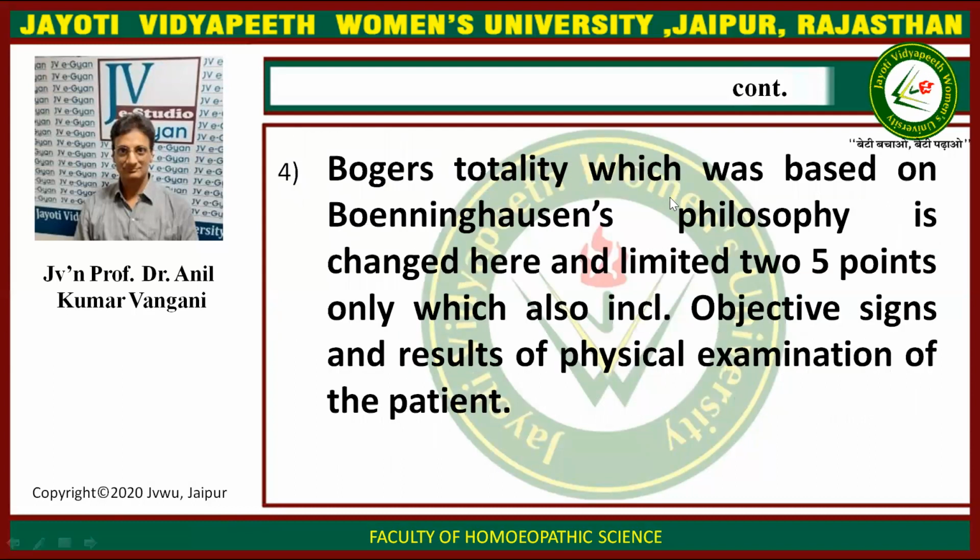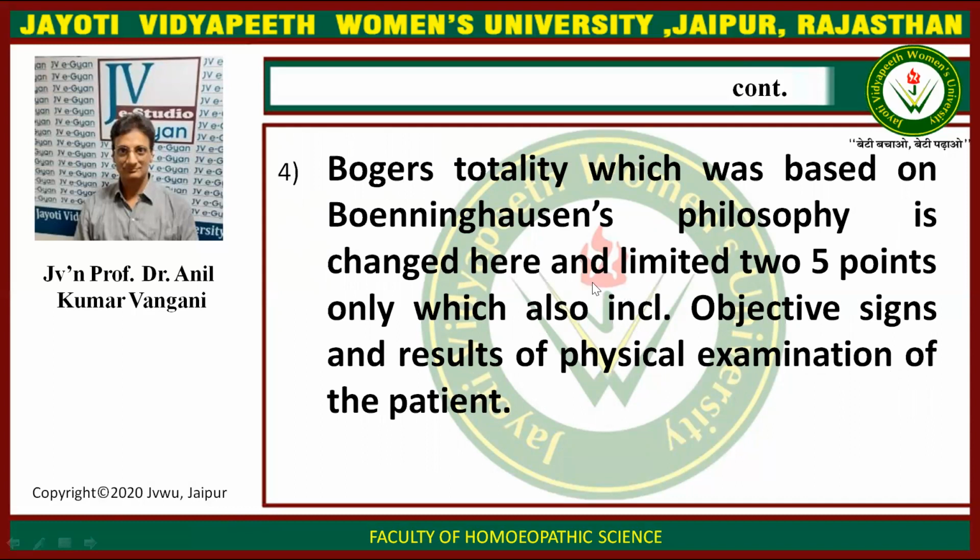Boger's totality, which is based on Boenninghausen's philosophy, is changed over here in BSK and is limited to 5 points. I would like to enumerate over here. The first point is modalities.